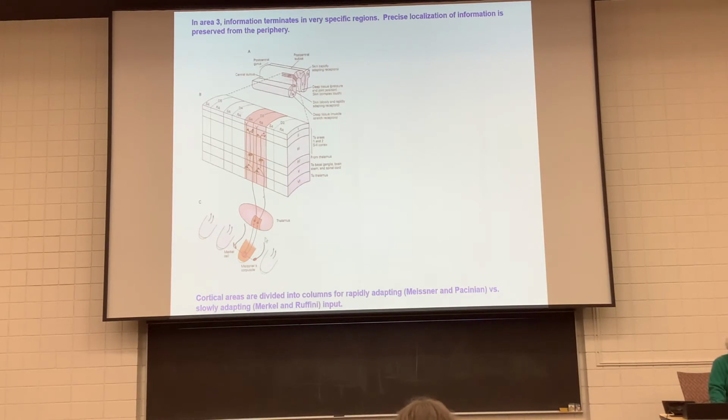So let's look here at digit 3. We have rapidly adapting information coming up into this little area, and slowly adapting coming just a little bit behind it. So very precise information coming in. Am I feeling something moving, changing position, frequency, or is it more static, where I want to be able to interpret a shape?